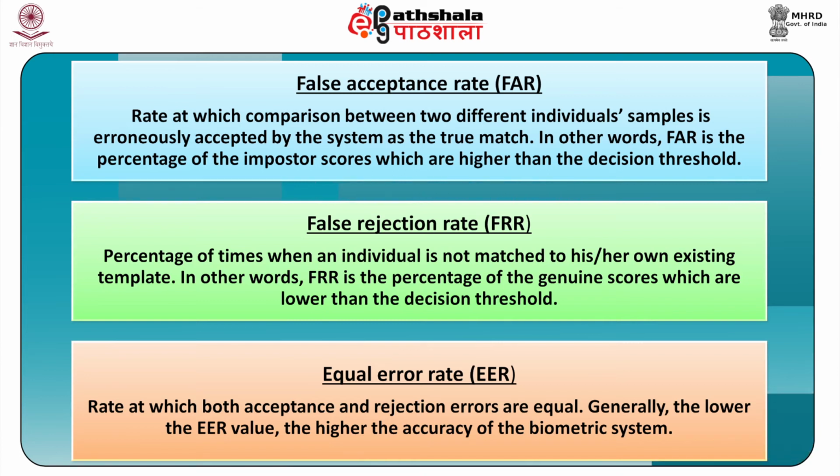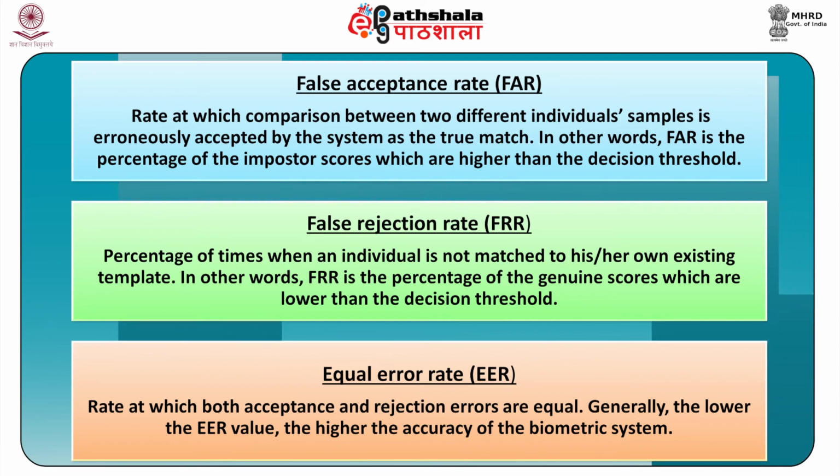Next we have false rejection rate, that is FRR. It is the percentage of times when an individual is not matched to his or her own existing template. In other words, FRR is the percentage of the genuine scores which are lower than the decision threshold.